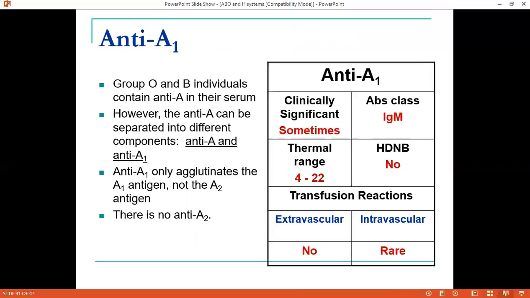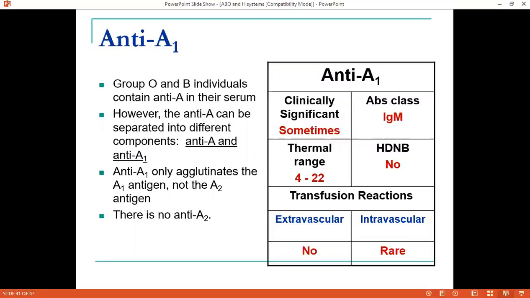The anti-A1 would only agglutinate the A1 antigen, not the A2 antigen. So this is our Dolichos biflorus lectin type. It would only react with the A1 antigen and not the A2. So please start to associate the anti-A1 lectin or the Dolichos biflorus as definitely being something different than the blue anti-A reagent that we're going to have in our racks.